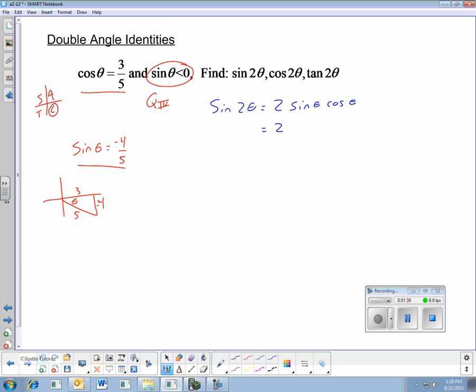So that's 2 over 1 times sine theta is negative 4 over 5 times cosine theta is 3 over 5. And I can let my calculator do a lot of this for me, or I can just multiply across the top and simplify. And that's what I'm going to do here. I'm going to multiply just across the top. 2 times negative 4 times 3 is negative 24. 1 times 5 times 5 is 25.